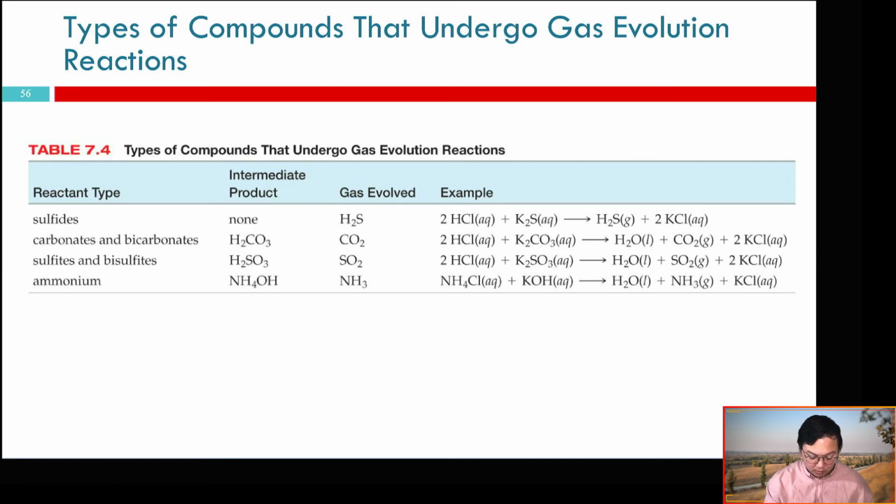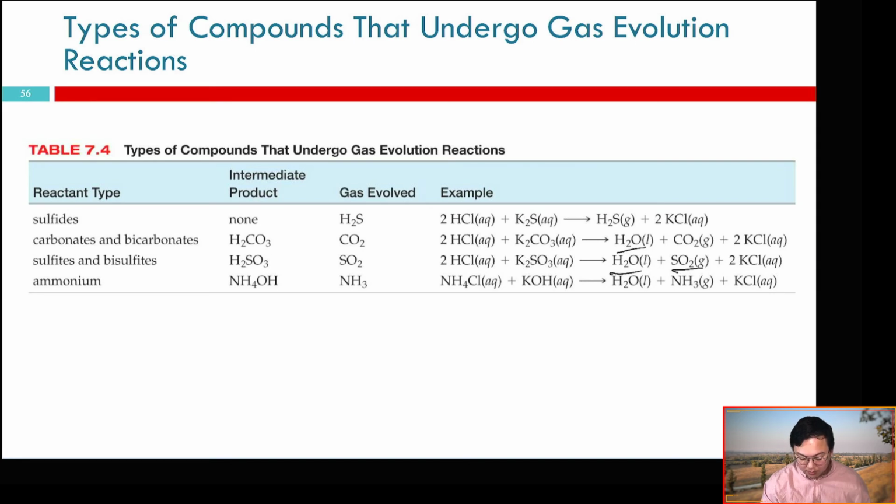Good, okay, there is a table. So sulfides, H2S, is going to be a gas. Carbonates and bicarbonates will form CO2 as a gas, and H2O, right? So we get H2O along with those. Sulfites and bisulfites, similar thing. We're going to get water and SO2 gas.